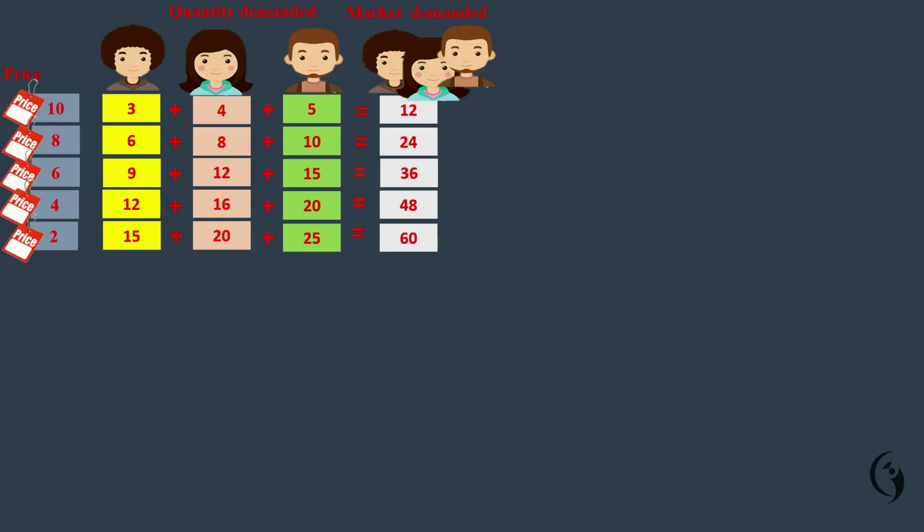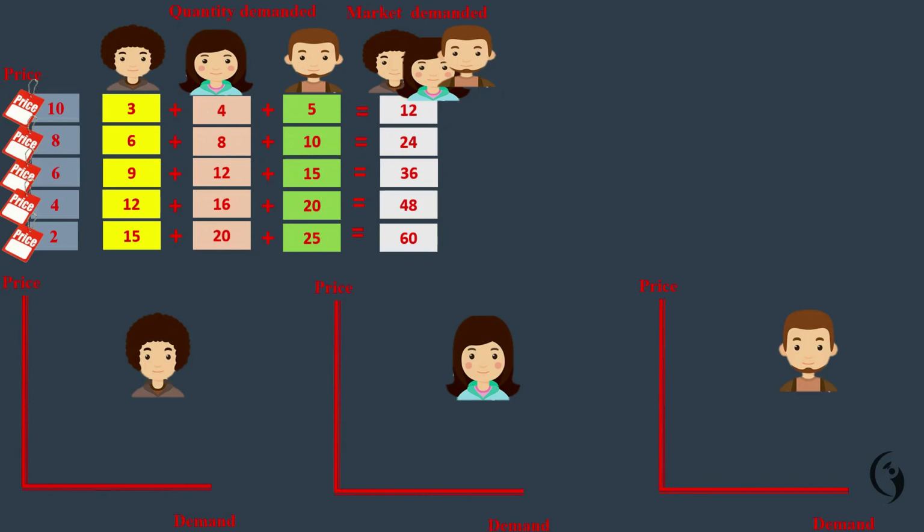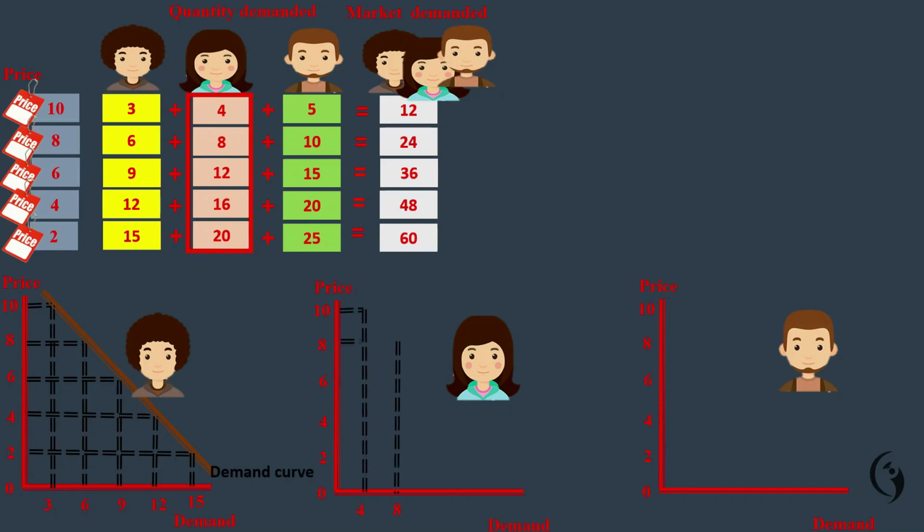Based on the market demand schedule, we can draw a market demand curve. Before we draw the market demand curve, we can draw the individual demand curves. Here we are drawing the first person's individual demand curve at various price levels. The second person's demand curve is like this.